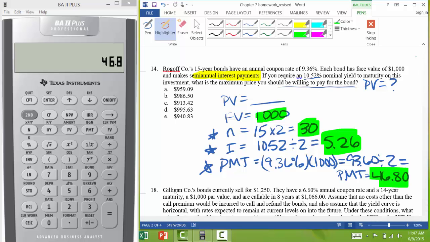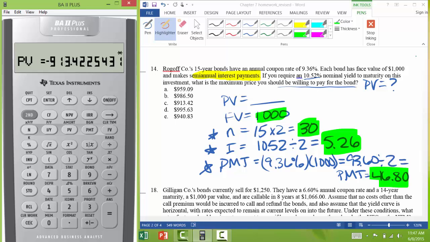So let's enter all those numbers in. So 1,000 future value, 30 N, 5.26 is the interest rate, and then $46.80 is the payment, and I hit compute present value.